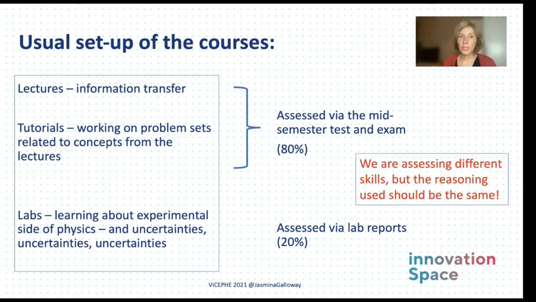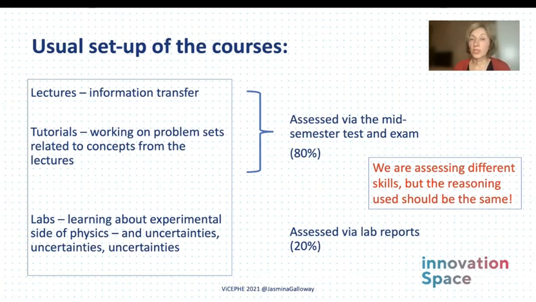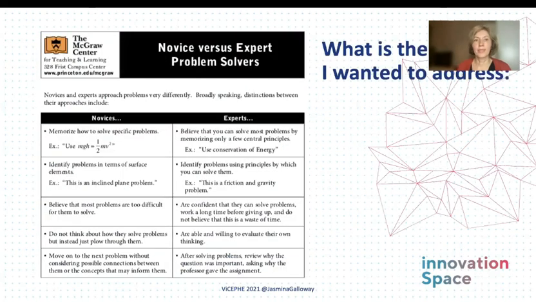So although we are assessing different skills, the reasoning used for both lab reports or tests or exams should be the same. But of course, the students are often not able to see that. So we have an issue here about novice versus expert problem-solving methodology. We as experts see things a certain way.